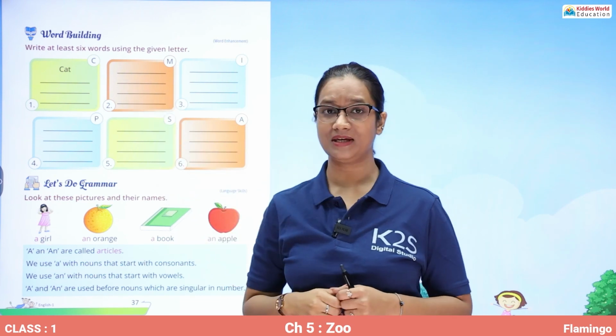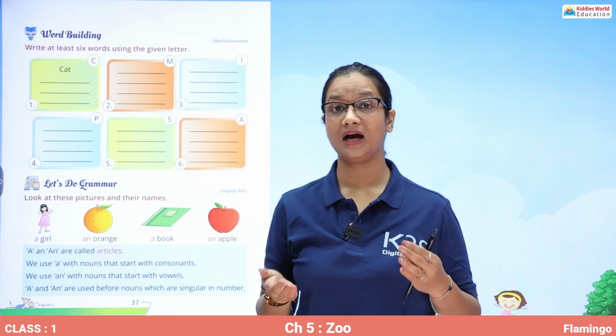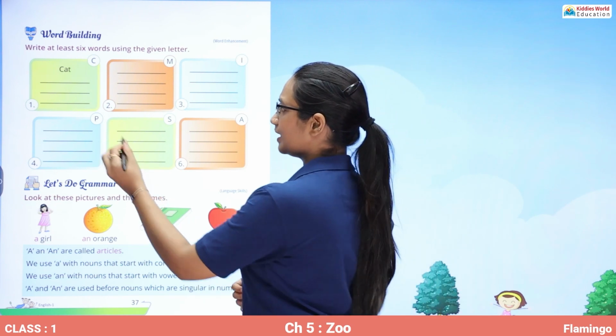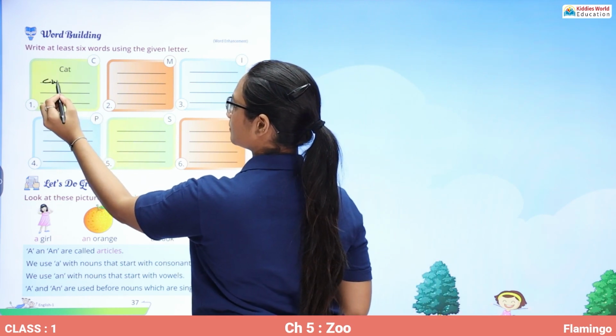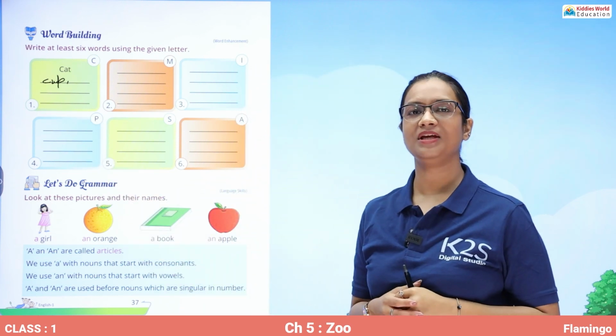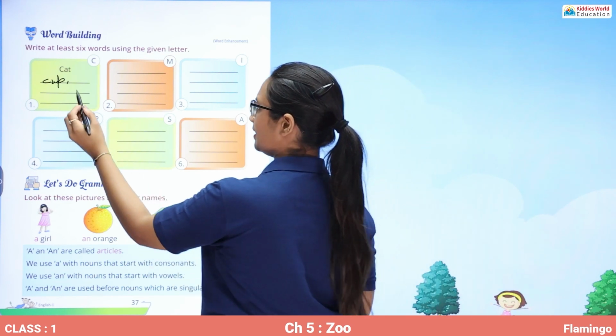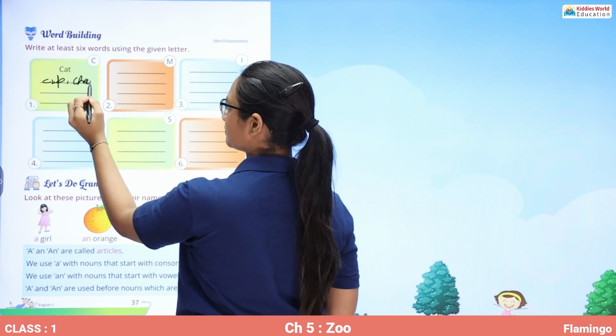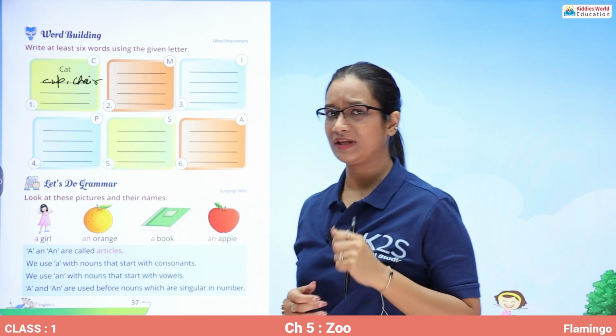So, from C, the word can be cup. And also, what other word can we think of from C? It can be chair. And now you have to tell me at least 4 more words with it.